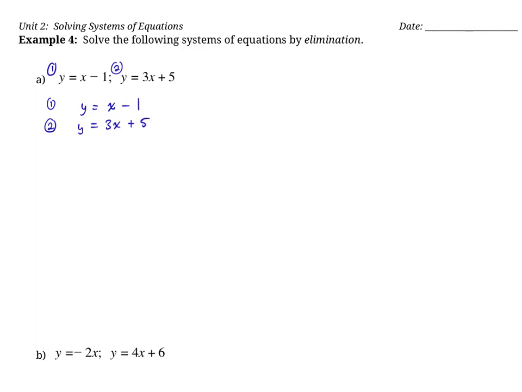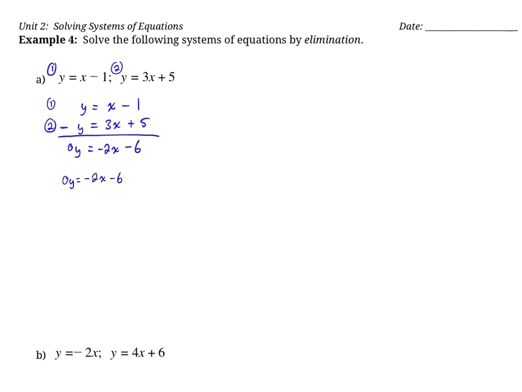Since our y terms both have a +1 in front, that is the variable we're going to eliminate. So we need to, in this case, subtract our two equations. When we subtract our two equations, you will get 0y equals -2x minus 6.